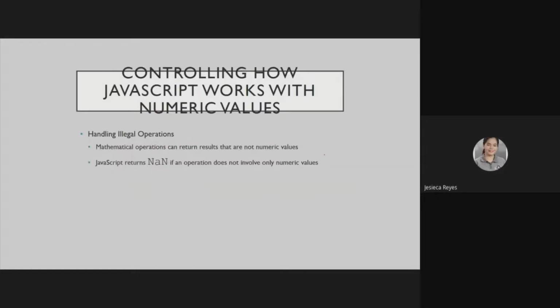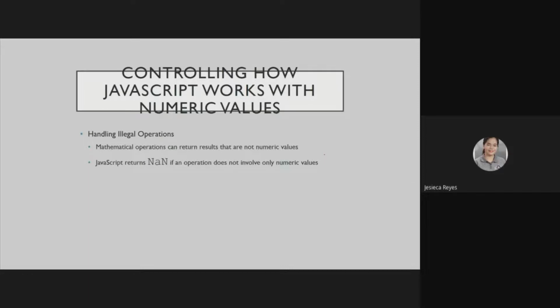Now, controlling how JavaScript works with numeric values, especially when working with simple calculators, you may have the NaN value that will be returned. So like it will be shown, especially if there are illegal operations being done. So handling the illegal operations, we have that mathematical operations can return results that are not numeric values.